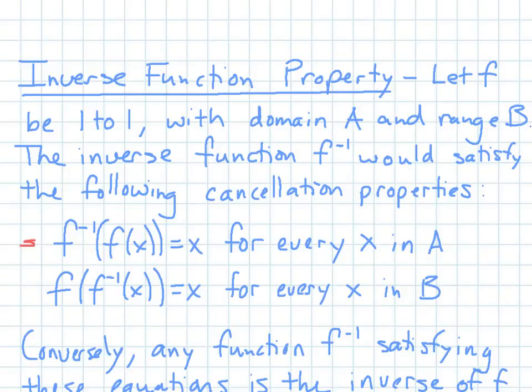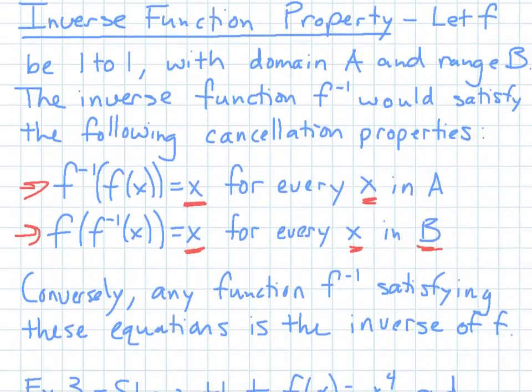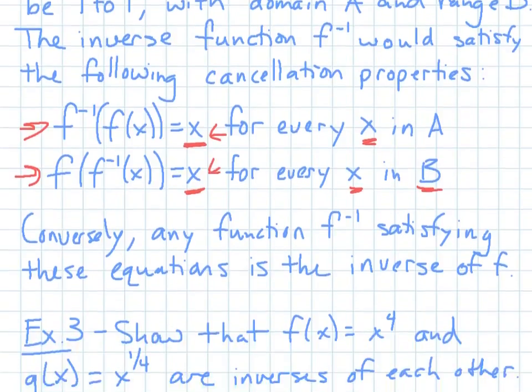So if we use composition, f inverse of f of x, we should get a value of x, and this is true for any x in A. And then we can also do f of f inverse of x, which also gives us x for every x in B. Okay? So to prove if functions are inverses of each other, we would need to use this property of compositions both ways and get x in the end to show that they are inverses, is basically what they're trying to tell you.